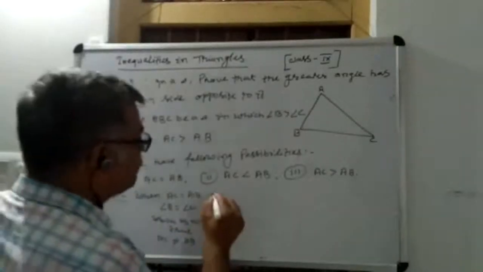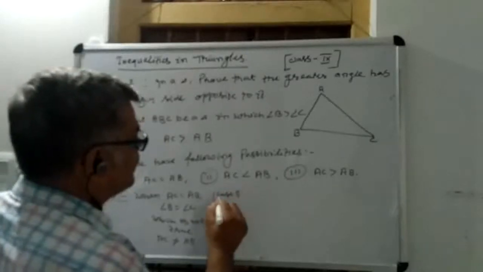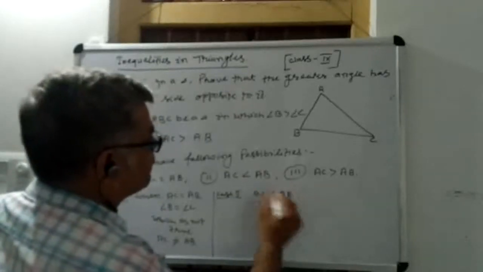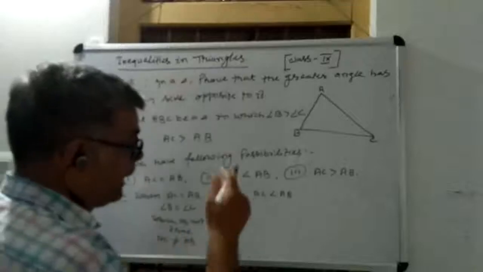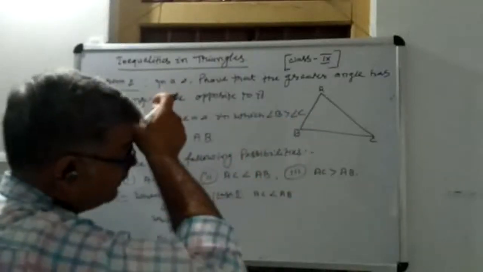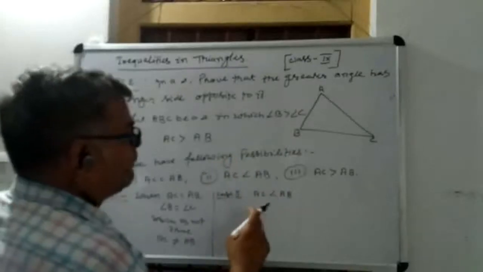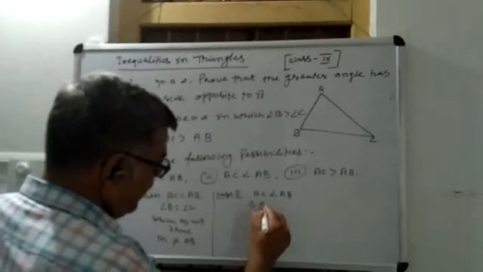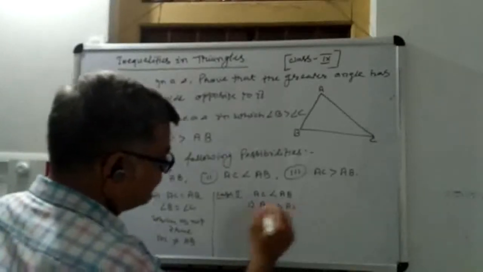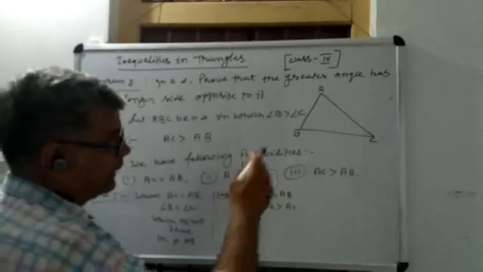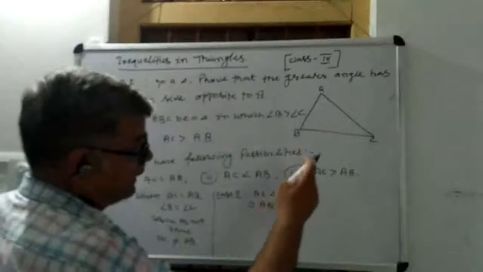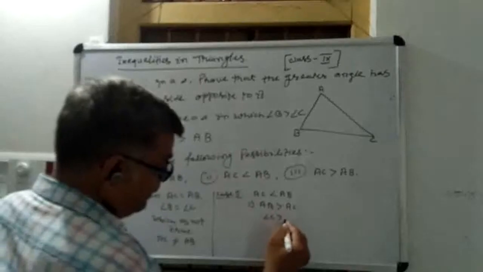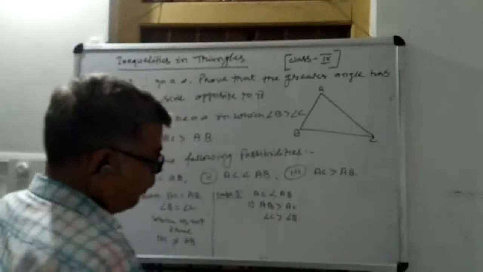Now see case 2. Now in case 2, we have AC is smaller than AB. Then we can have AB is greater than AC, which you can write also. And now you prove from the first property that if AB is greater than AC, then the angle opposite to AB, that is angle C, will be greater than angle B. From theorem 1.